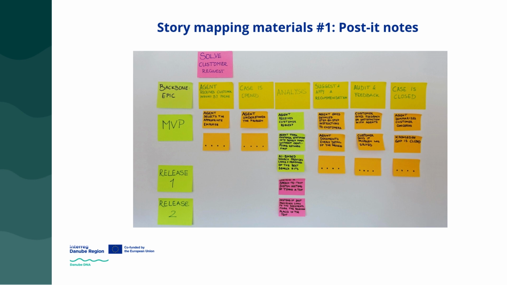I would now like to talk about personal story mapping tools. What can be used to create story maps? As we have already mentioned, the simplest method is the offline approach, where short sentences are written on small post-it notes, and these are stuck onto a wall to visually organize the information. These are still widely used today, and they are particularly valuable because they encourage the team to work together, engaging in discussions about the tasks.